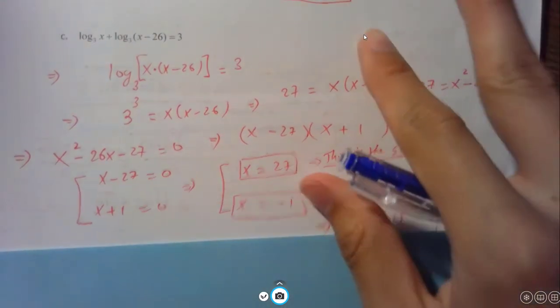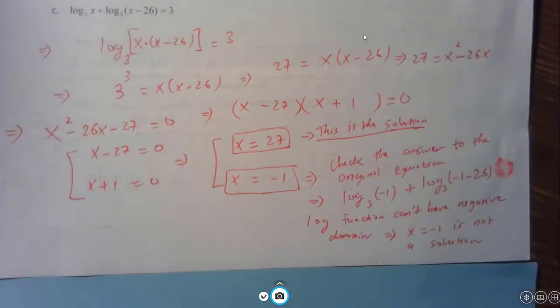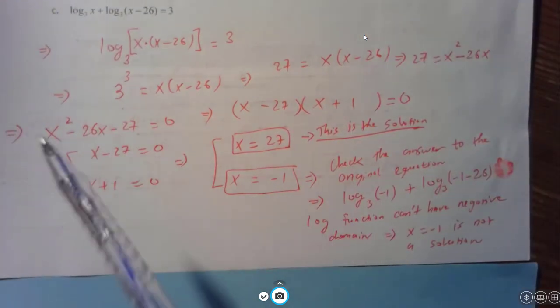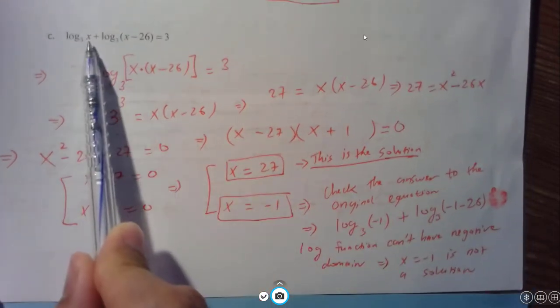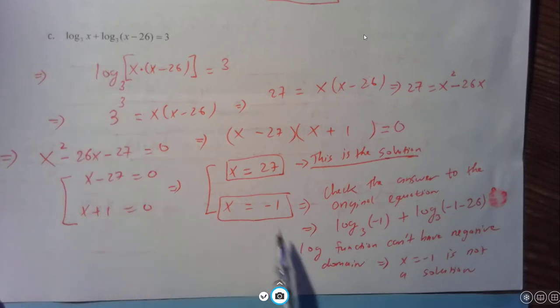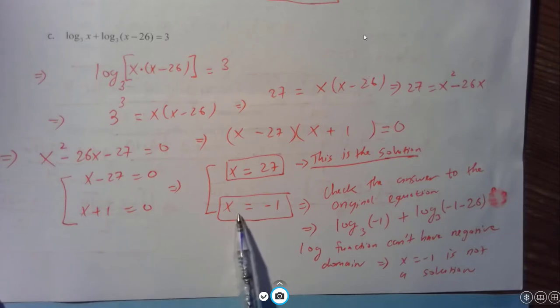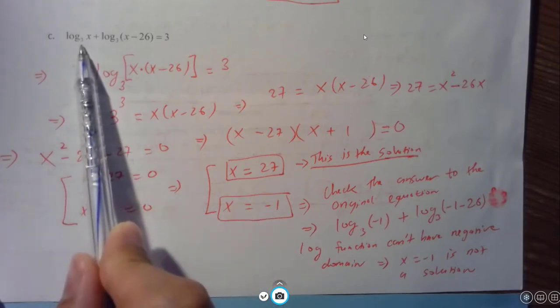Now, when you solve the equation that has the log, make sure to check your answer, because you see that this is the log function. The domain of the log function is always bigger than 0, right? And you get x to be minus 1. This is not true for the domain of the log function here.